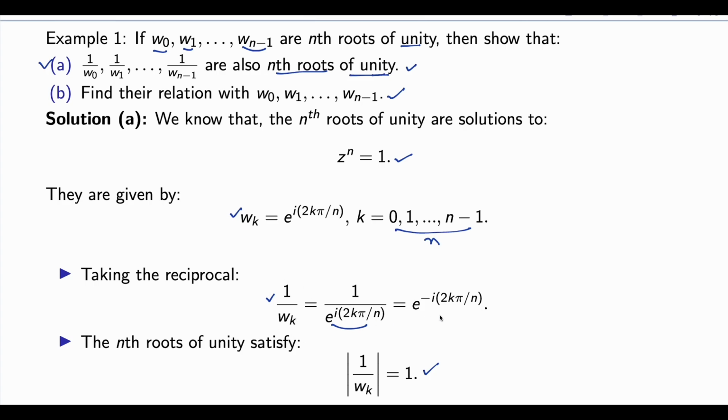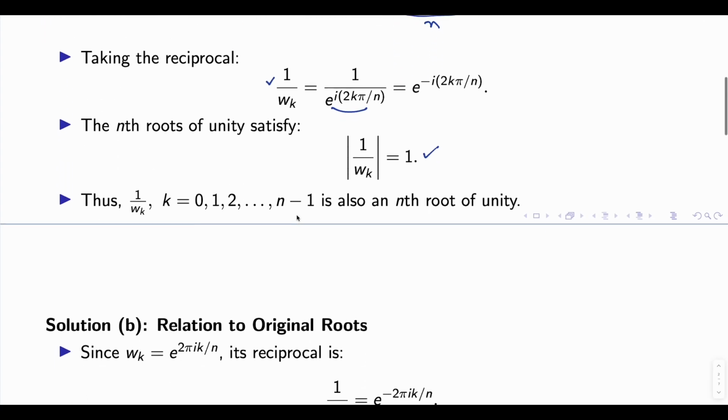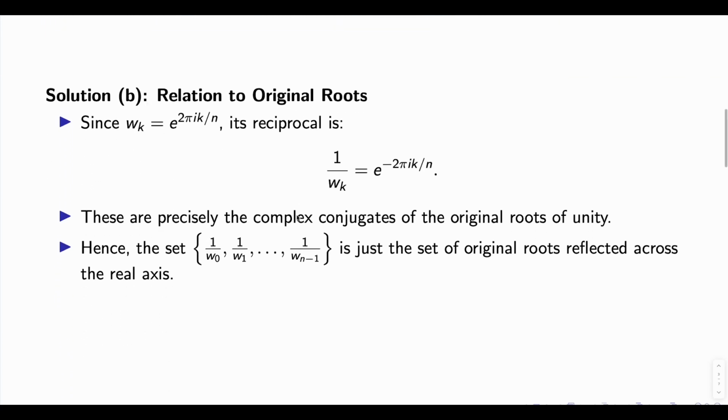And the roots are the complex conjugate of the original ones. So the reciprocal 1 upon wk is the complex conjugate of the original one. They are precisely the complex conjugate of the original roots of unity. Hence this set is just the original roots reflected across the real axis, right?